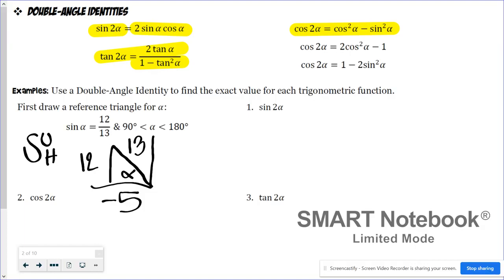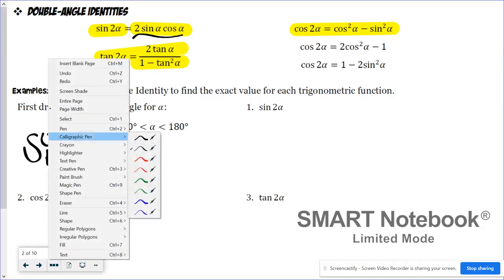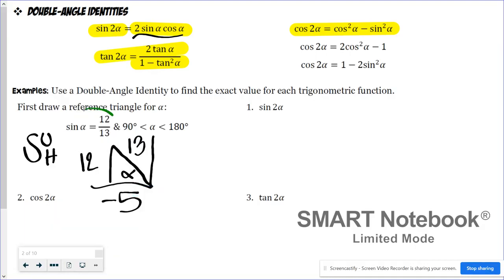For sine of 2 alpha, I'm going to substitute in 2 sine alpha times cosine alpha. What sine alpha and cosine alpha are, I'm getting from my reference triangle, and I already know what sine alpha is.